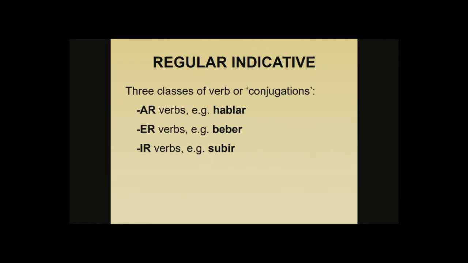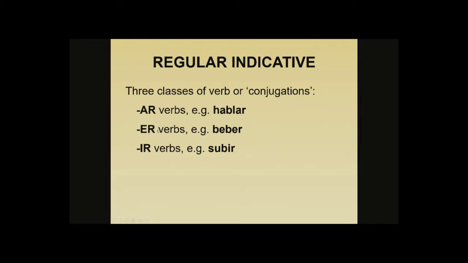And also a nice term, which probably you haven't heard before, but it's quite useful. We can talk about the conjugation vowel. Obviously, in the AR verbs, the conjugation vowel is A, isn't it? In the ER verbs, the conjugation vowel is E. And in the IR verbs, in principle it's I, isn't it? But as you'll see in a second, there's a certain degree of merger between the ER and the IR conjugations.